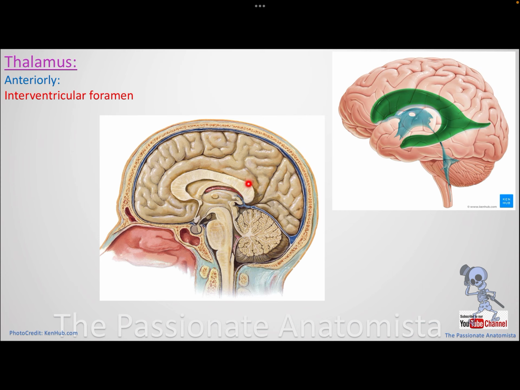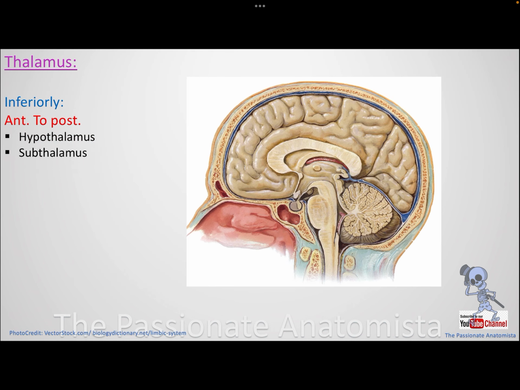This is the space, and this is the thalamus. So if I have a foramen in front of my thalamus, this is going to be the anterior relation. It's the interventricular foramen. Why? Because you know that the thalamus is surrounding the third ventricle. So what's going to be in front of it? It's going to be the interventricular foramen.